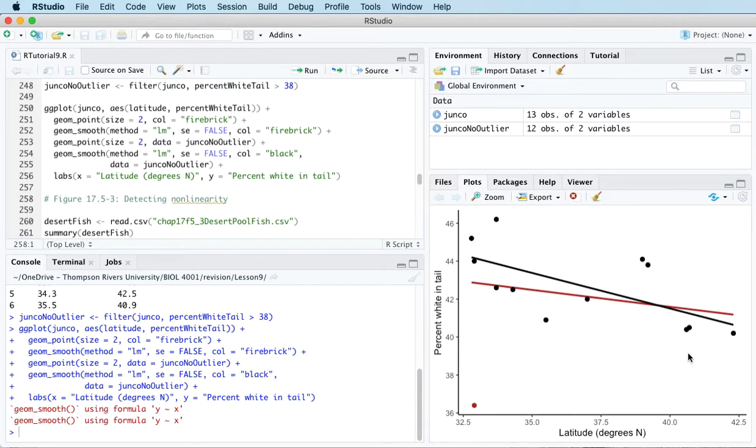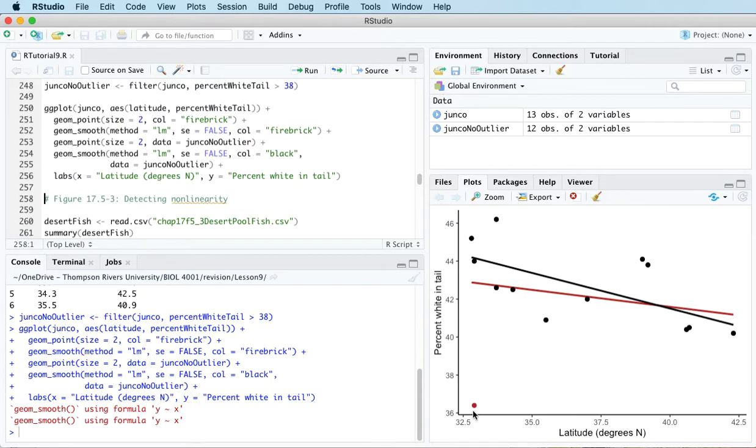But if you were to just look at the plot, ignoring this red point down here, I'll just cover that up, there does appear to be a linear relationship between the variables, ignoring that point down there.